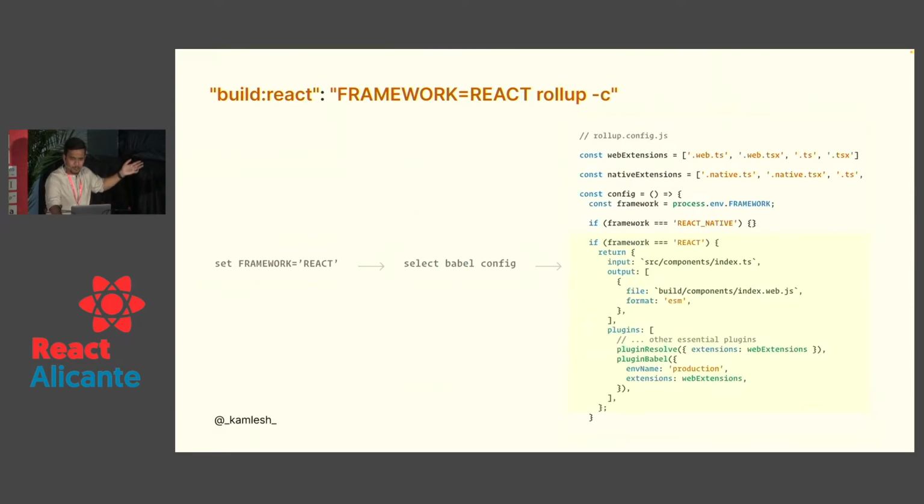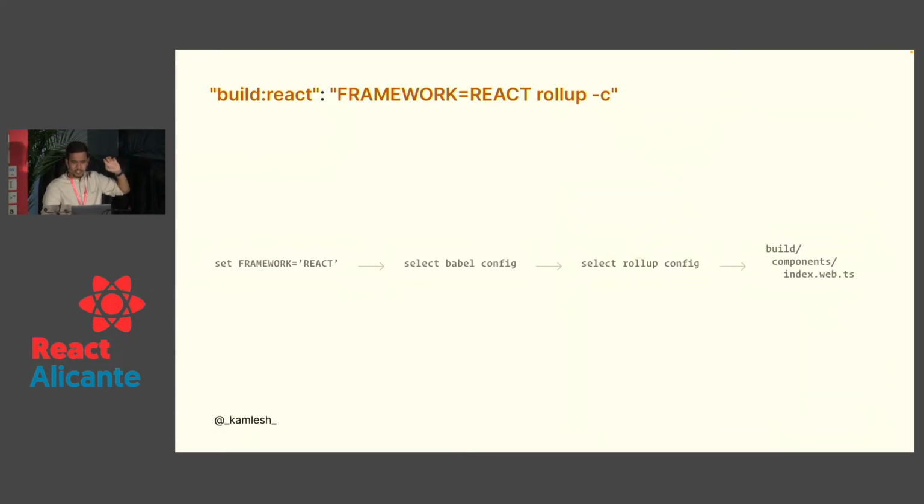Next, it will go to Rollup. Rollup will also read this environment variable, which is React. It will return the config that will help us build for web. And finally, we'll have our output, which is build/component/index.web.ts. Just focus on the extension that we are outputting.